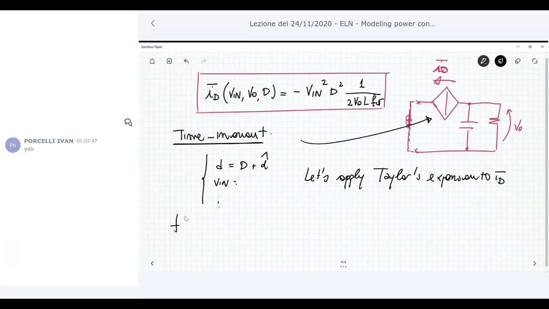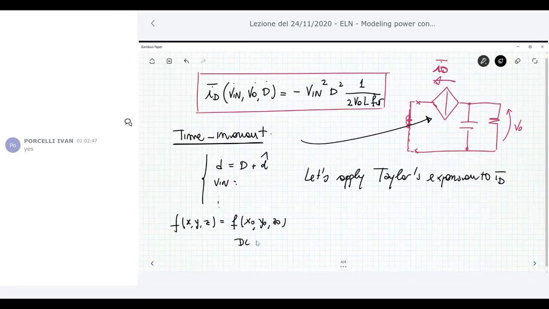You have a function which is dependent on 3 variables. Let's say 3 variables because here we have 3 variables for the average current. Then you can expand as the value of the function at the DC operating point.